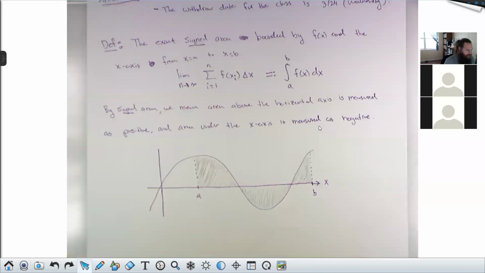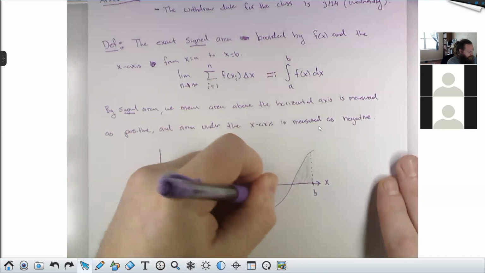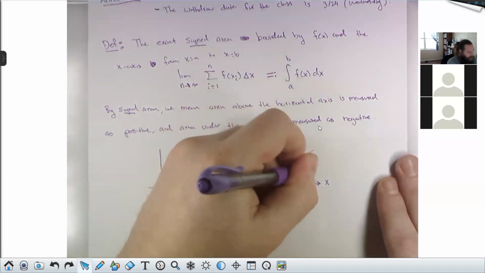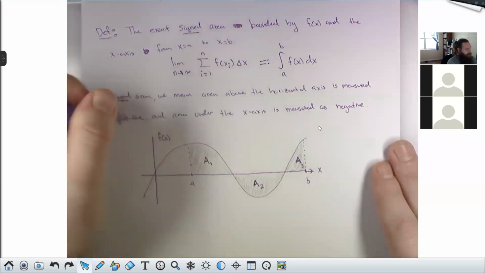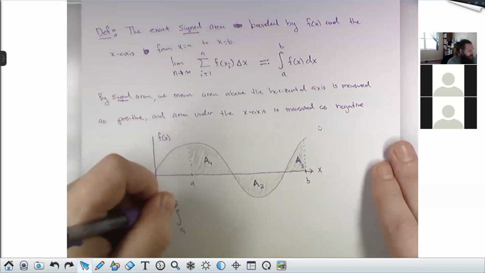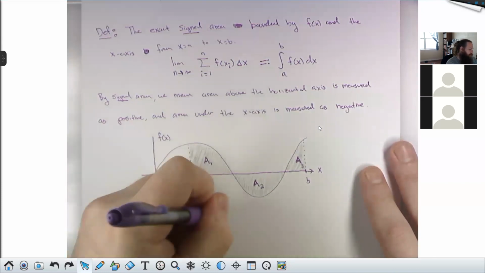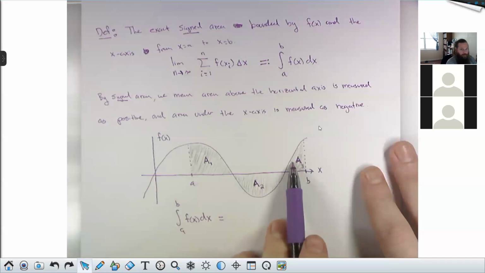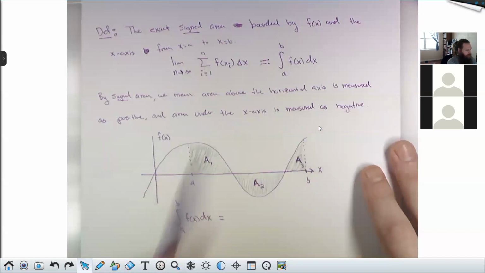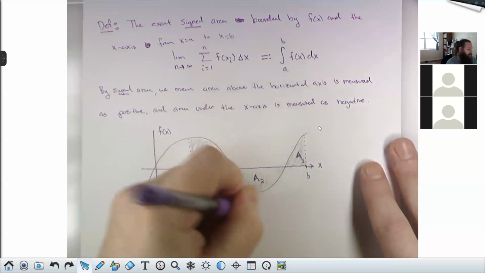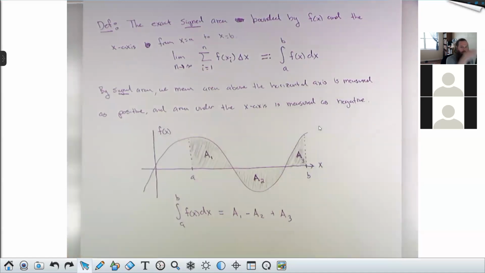Say each of these regions has area, maybe A1, A2, and A3, where this is the graph of f of x. Then the integral from a to b of f of x dx would be equal to the areas. But this one is beneath the horizontal x-axis, so it will be measured as negative. So this would be positive A1 minus A2 plus A3. That's what we mean by the word signed.